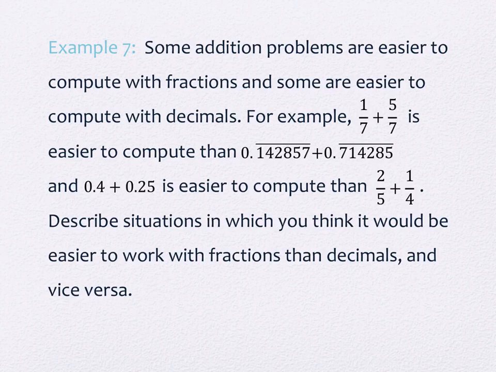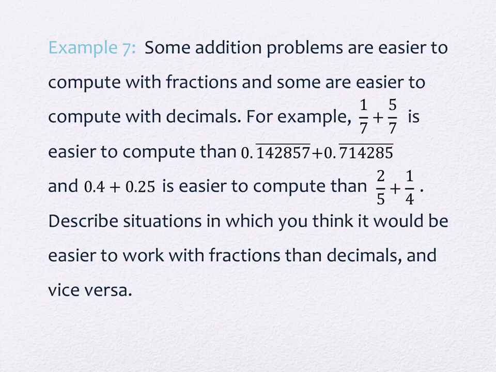Also true. For example, 1/7 plus 5/7 is easy to compute. Agree? No problem. But if you had the decimal expansion for 1/7, it's actually equal to 0.14857 repeating. And the decimal expansion for 5/7 is 0.714285 repeating.